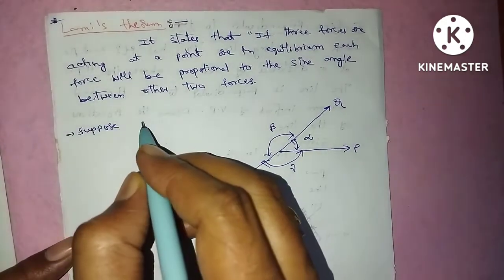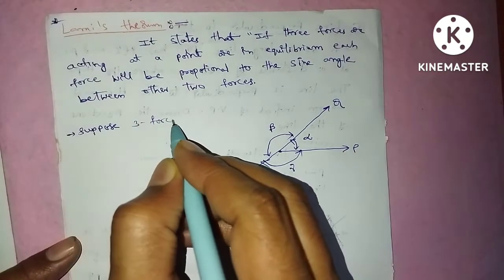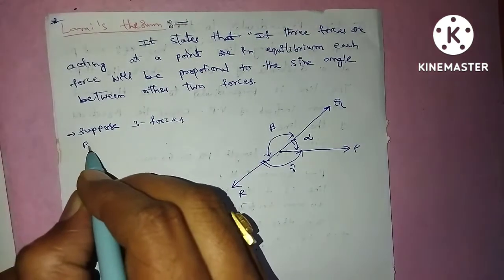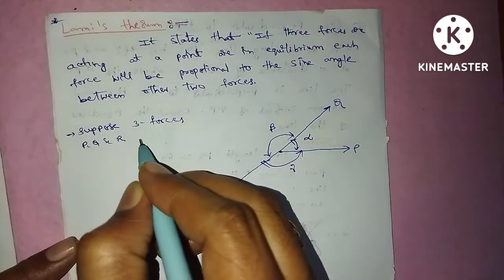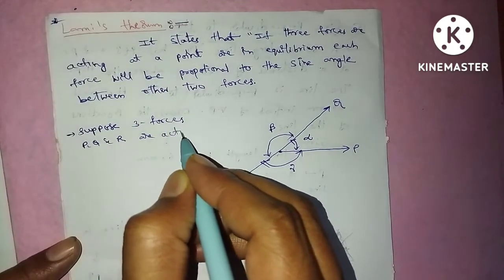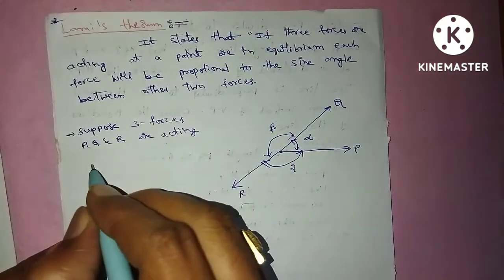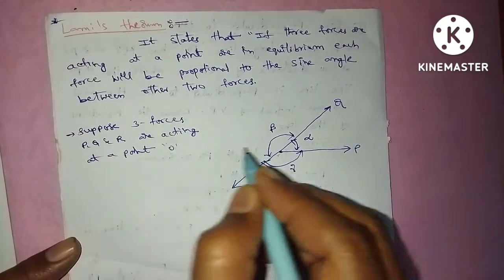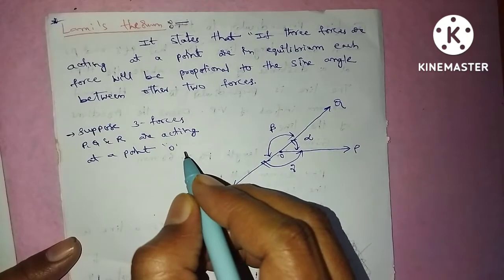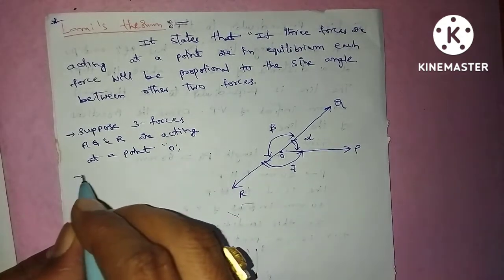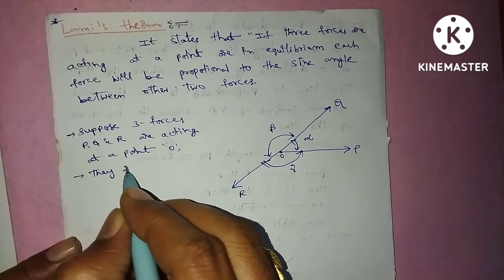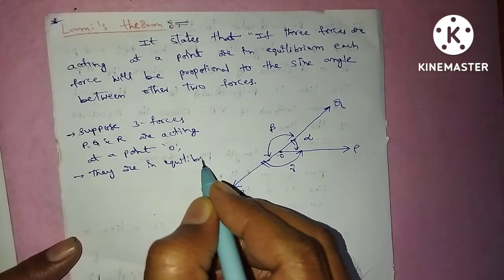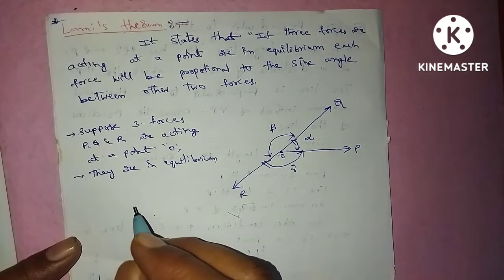So suppose three forces P, Q and R are acting at a point O as shown in the figure. They are in equilibrium. That means the resultant force will be 0.